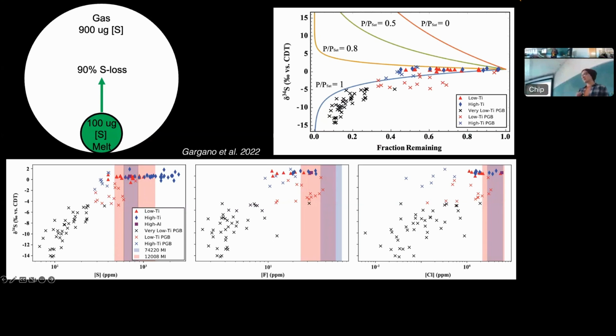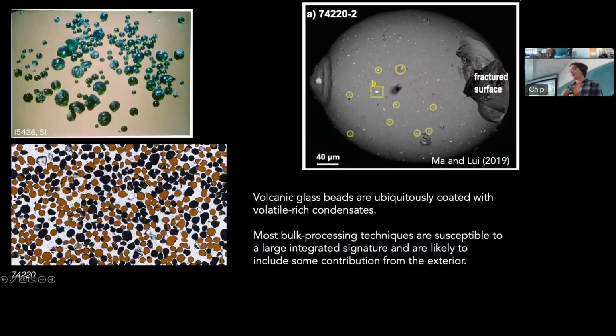Now, another critical facet to understand in terms of the glass beads is that while we often think of these materials as being very volatile rich, the interiors are actually some of the most volatile poor materials on the moon. And while these features were well recognized in the Apollo era, in terms of the exteriors of these glass beads being very rich in volatile-rich condensates, it has to be said that most bulk processing techniques are influenced by several other phenomena.